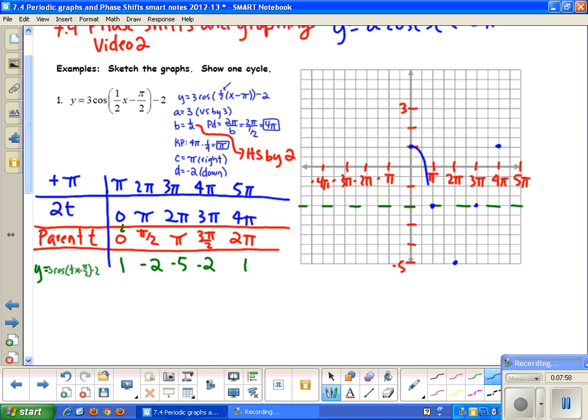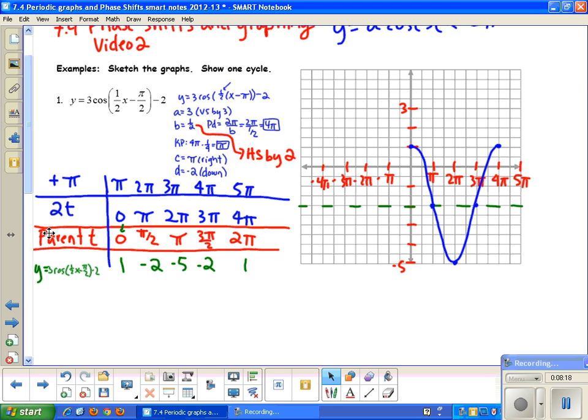So this is a wavelength without my phase shift right here. So if I were to graph this without moving my graph to the right pi, this is what it would look like. But remember, that's not what our graph is because now I have to take all these points and I need to move them to the right pi.